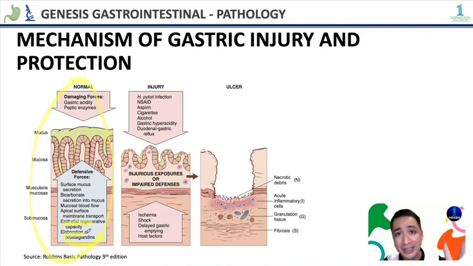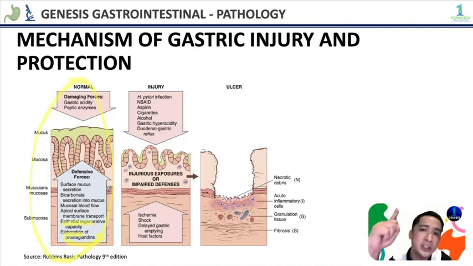So the common side effects associated with NSAID use, aside from acute kidney injury, is your gastritis. Remember, two most important side effects of NSAIDs. First, prostaglandin. Just take note of prostaglandin. It is essential for mucosal surface coating.